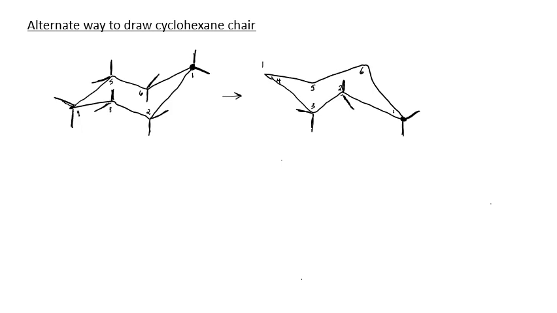And we just keep going around the ring. So that's how you would draw your cyclohexane chair ring flip. So this also requires some practice. So you can pause the video and try to draw the flip version if you want. And once you get it, come back and we'll go to the next slide.